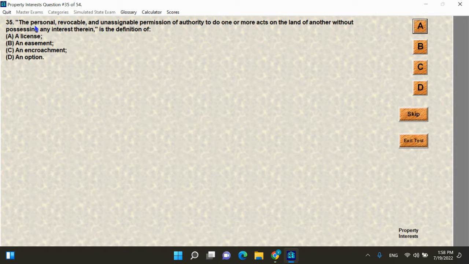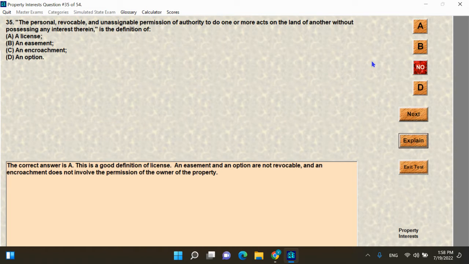Number 35, the personal, revocable, and unassignable permission or authority to do one or more acts on the land of another without possessing any interest therein is the definition of A. A license, B. An easement, C. An encroachment, D. An option.